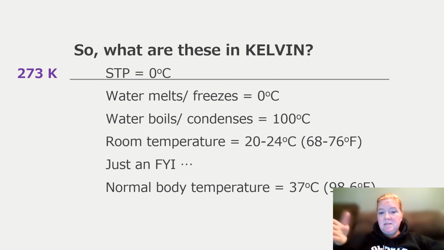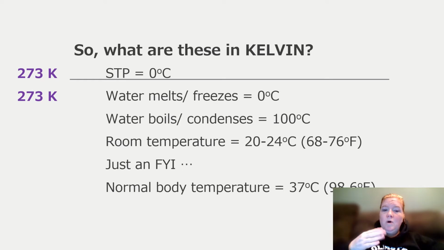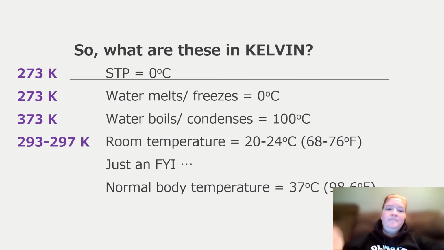Water melts and freezes at 0, add 273. Now you have Kelvin. Water boils and condenses at 100 degrees Celsius, add 273. Now you have the Kelvin temperature. Room temperature 20, add 273. Now you have the Kelvin temperature. Okay? Same for normal body temperature.